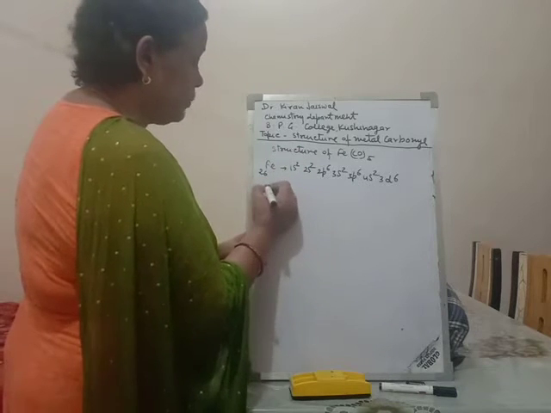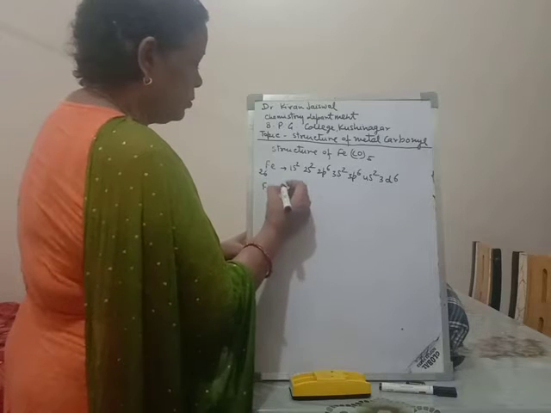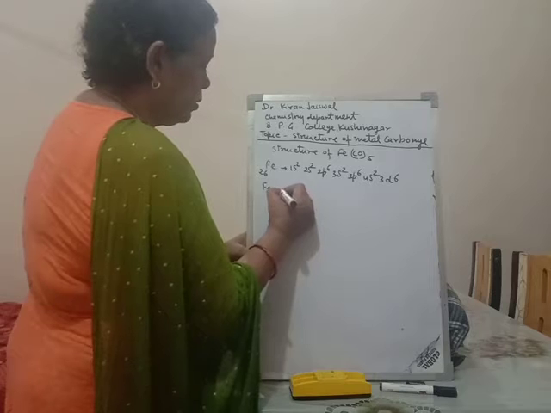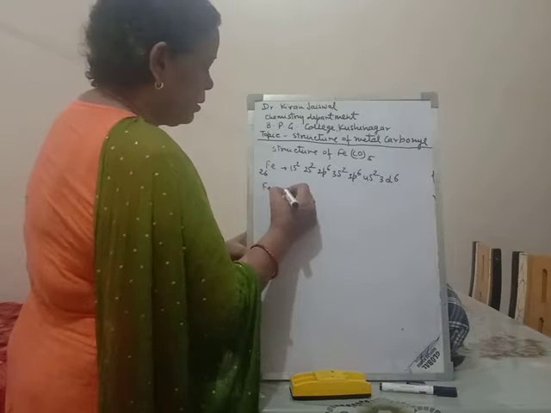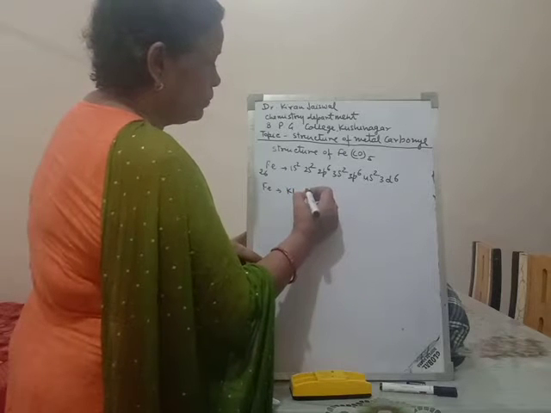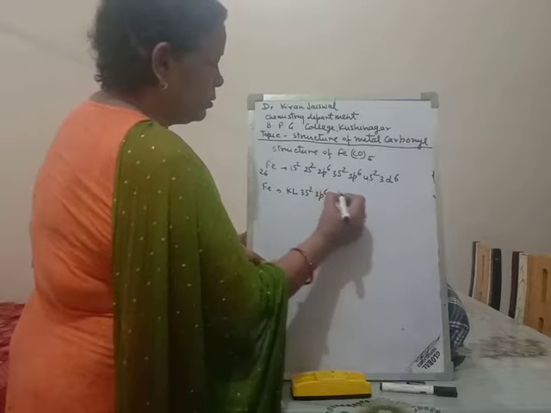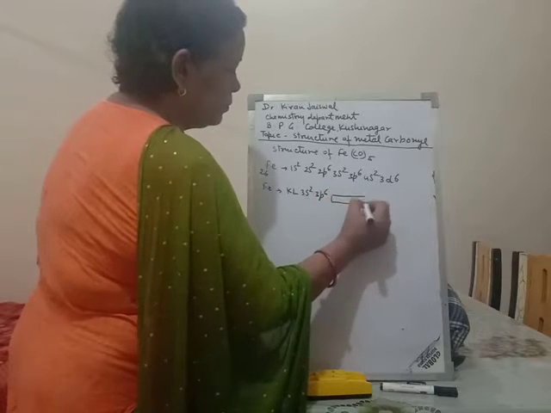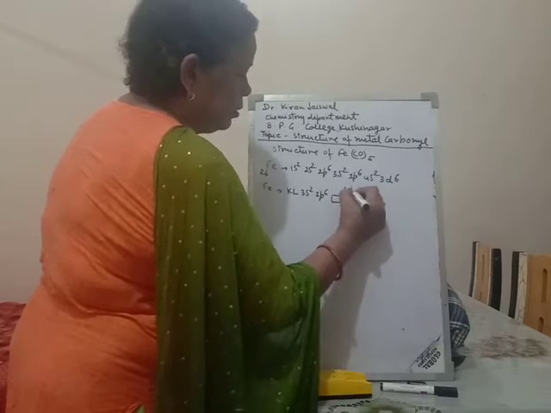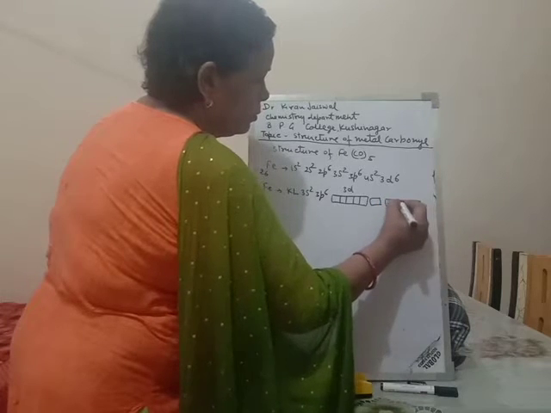Iron in picture form: 3s2, 3p6, 3d, 4s and 4p.